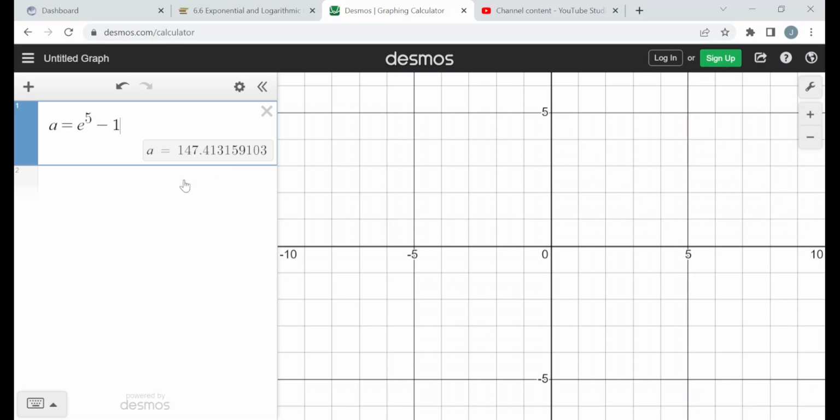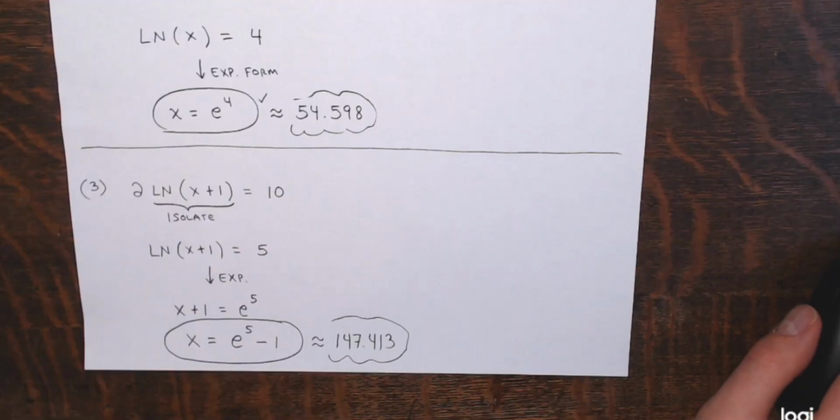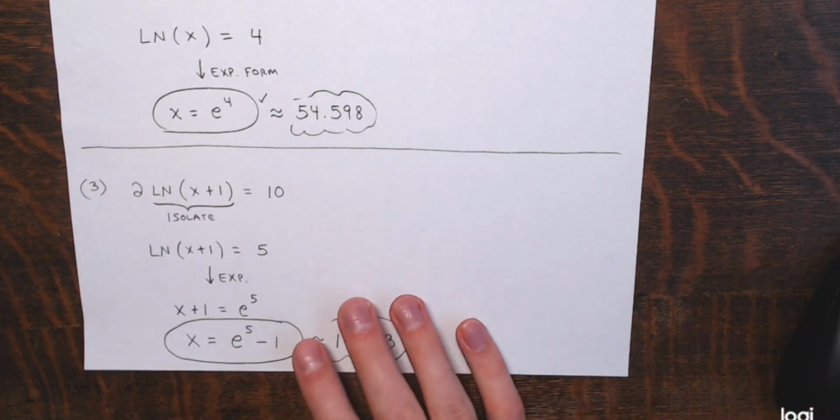And then if we test it out, the left side of the equation was 2 times the natural log of x plus 1, but I'm replacing x with what I called a plus 1, and you see it's equal to 10, which was the right side. So, totally good solution there. Excellent. Alright, similar concept for the rest of them.